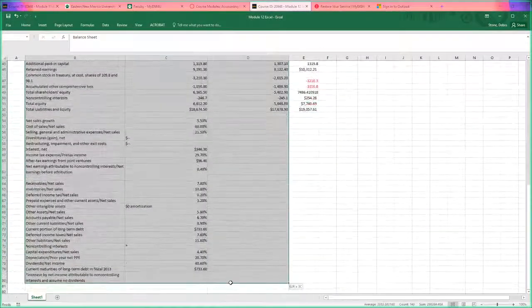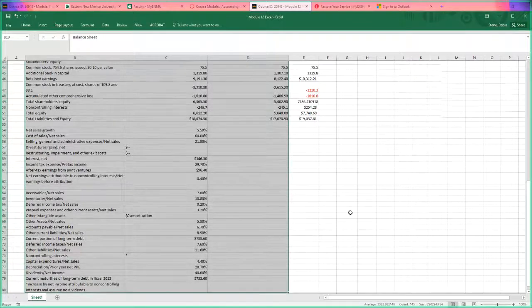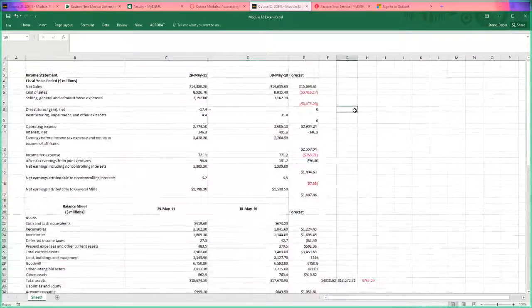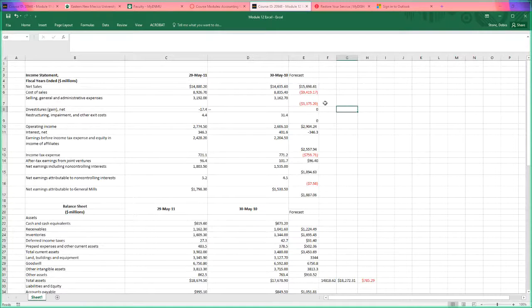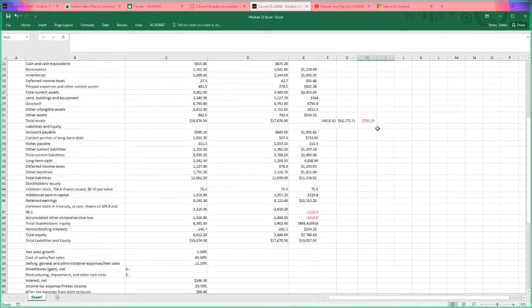A lot of info. But what we're doing here is working on forecasting. So we have these 2 years from the past. We have these various accounts, and you can see them down here. And we're applying what they tell us to do in the problem to forecast.